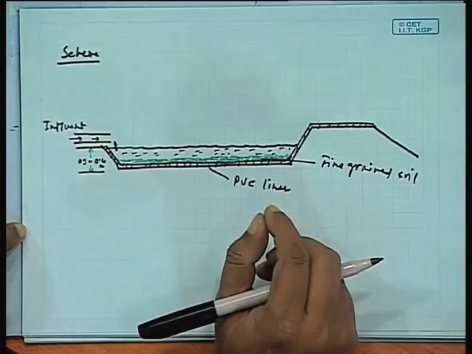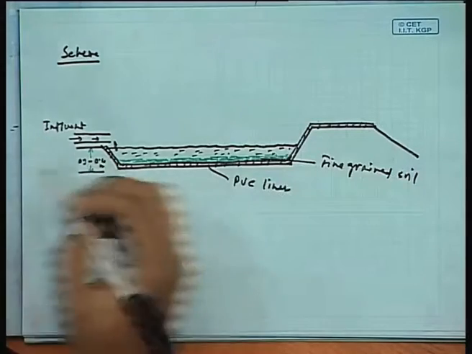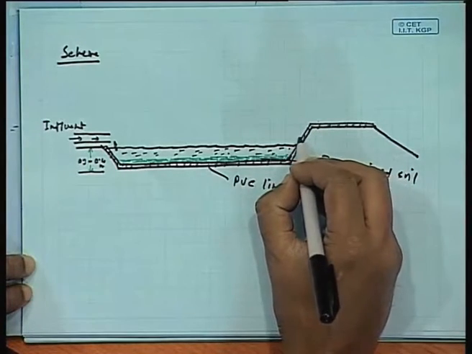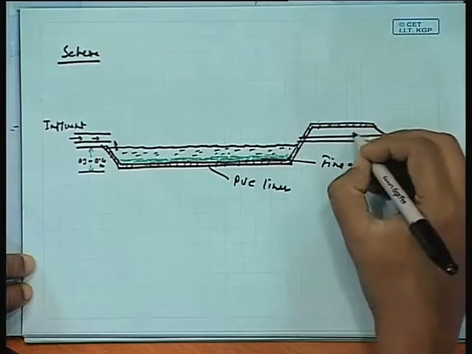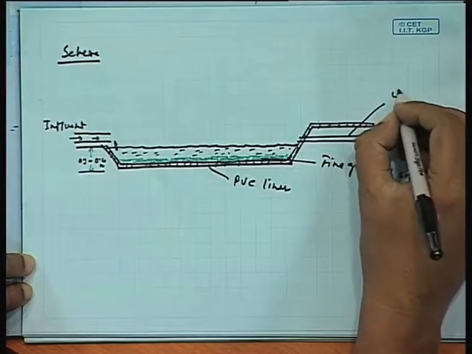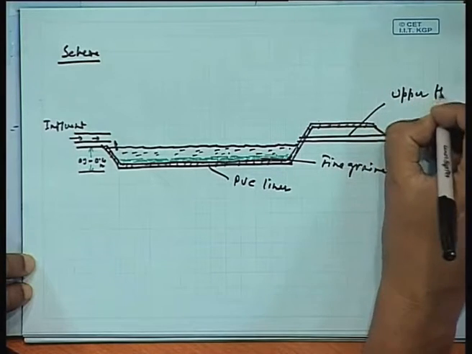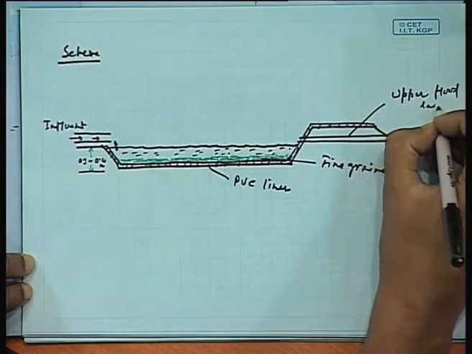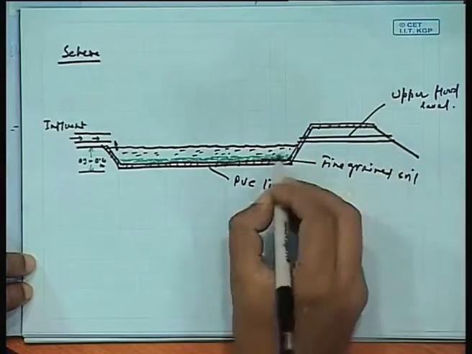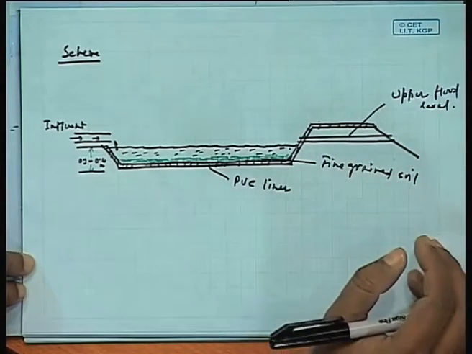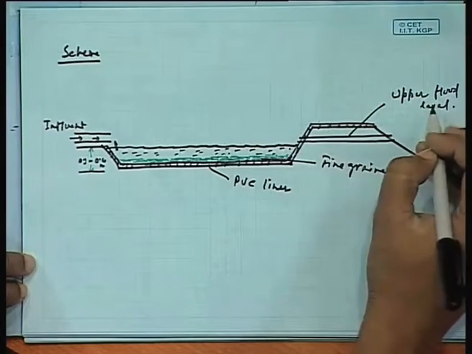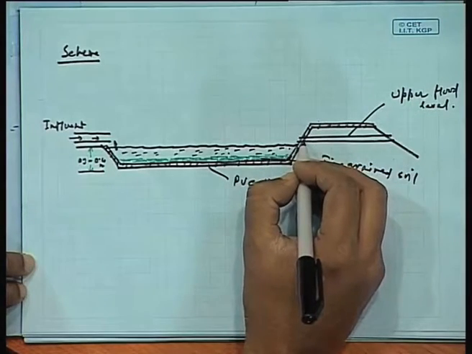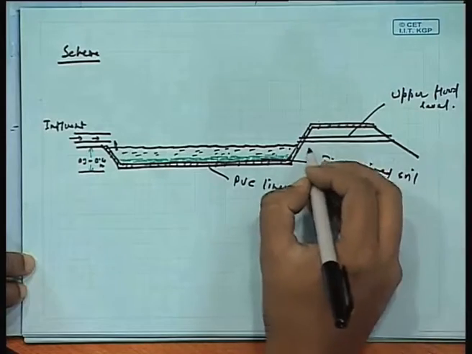We would try to keep an upper flood level, so that if the water is more than that, the water would be passed out. At the upper flood level there would be a pipe through which the water would be passed out.